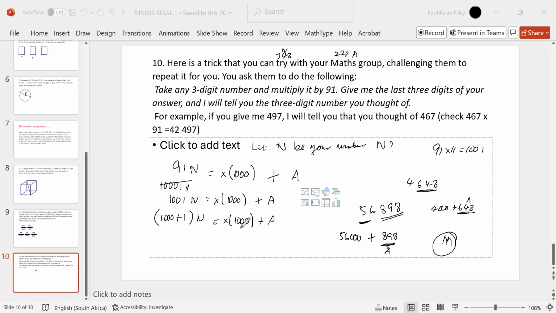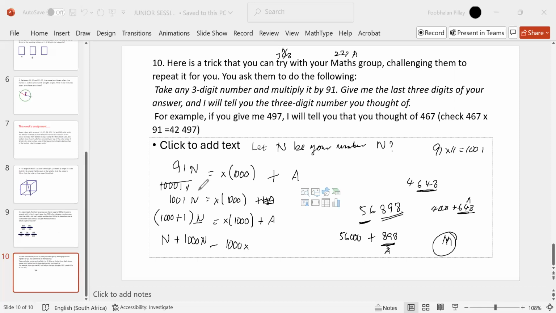If I expand this, you got 1,000 N plus N. And take the other one there, 1,000 X, is equal to, oh, I was multiplying this by 11, so I should have multiplied this by 11 also.